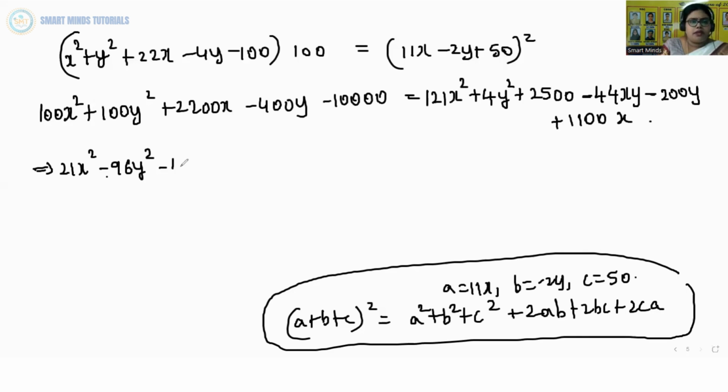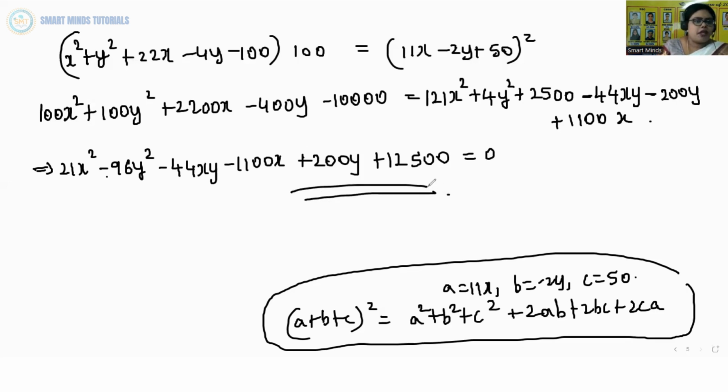Then I write minus 44xy. Now 1100x minus 2200x is minus 1100x. Now minus 200y plus 400y is plus 200y. 2500 plus 10,000 is plus 12,500. This is the final answer. This is pair of DCT.